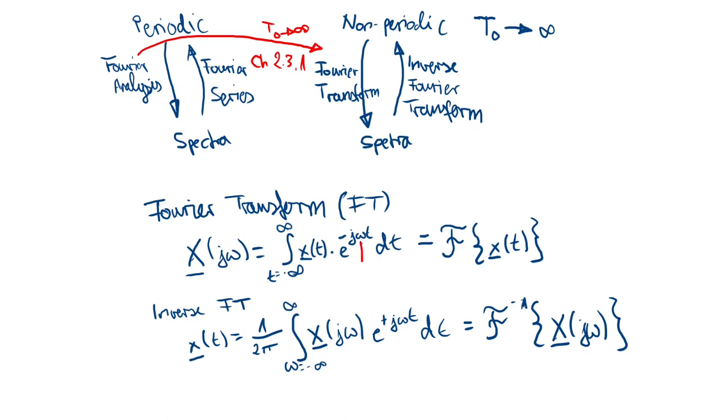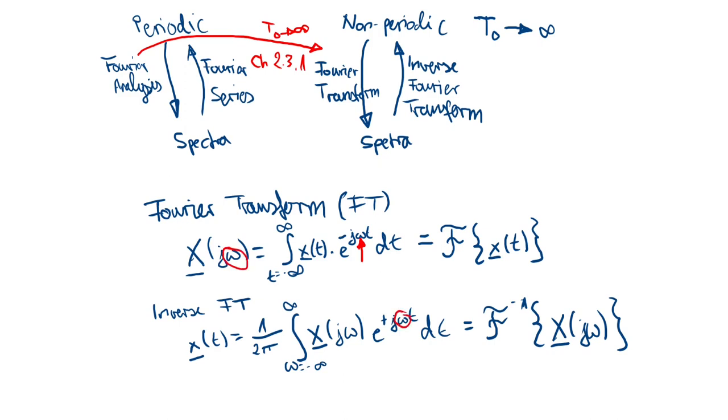In this lecture we are going to use the angular frequency, but there are other forms which use the ordinary frequency, for example. So don't get confused by it. Here in this lecture it's the angular frequency. You will find it here and here.